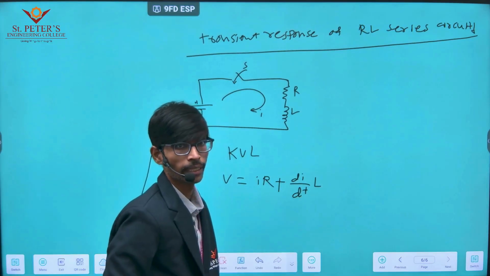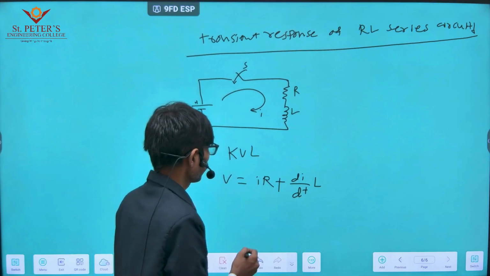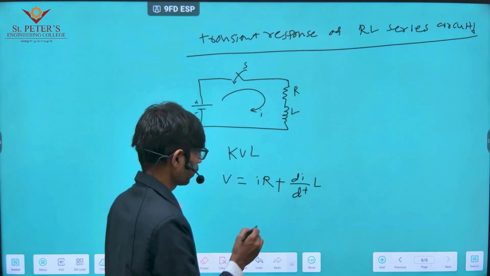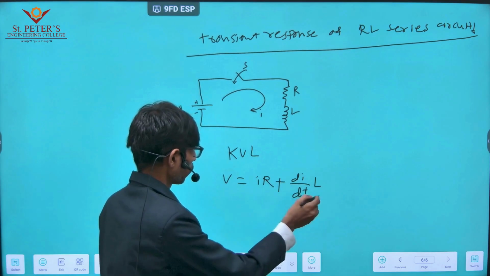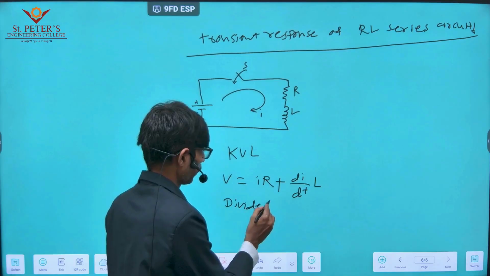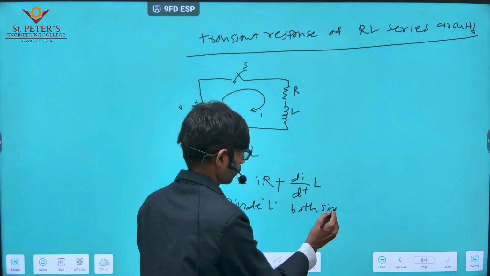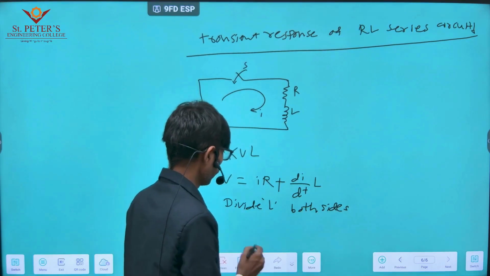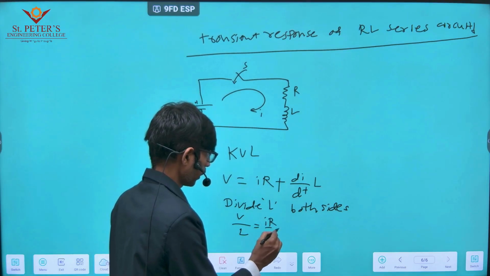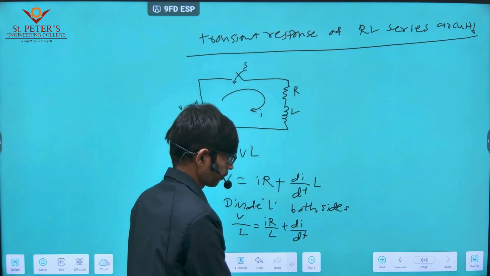Here we have to make it in operator notation, so divide both sides by L. Then we get V by L equal to IR by L plus di by dt.